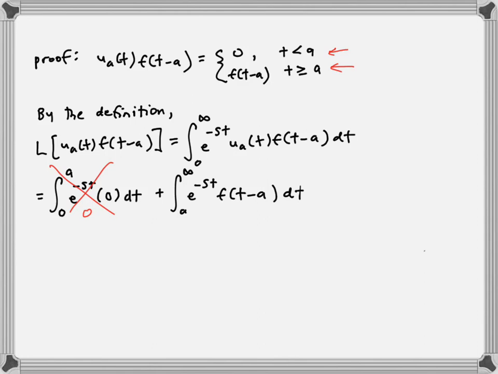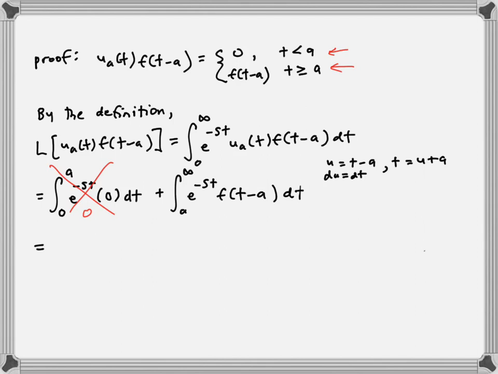What I'm going to do is I'm going to do a u substitution. So what's the u substitution going to be? I'm going to let u equal t minus a, which means that du is dt. And that also means that t is equal to u plus a. So if I do that change of variables, let me actually continue over here.